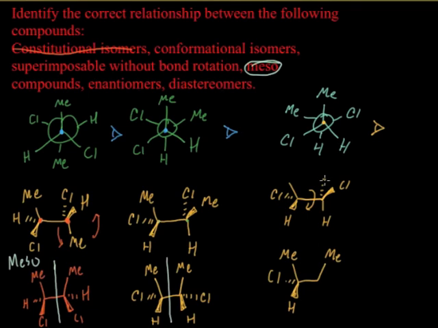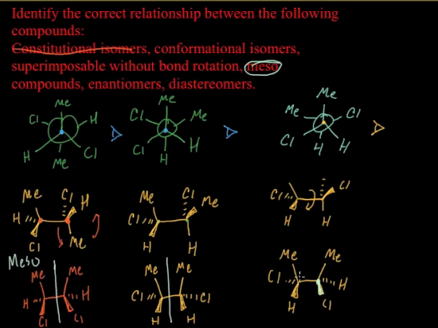Whenever I do that, bringing the dash forward, the wedge goes down. So the chlorine's in the front, the hydrogen goes to the back. Alright, so is there a plane of symmetry? No, because the chlorine's in the front on the right, and it's in the back on the left side. Okay, so it's not a meso compound.